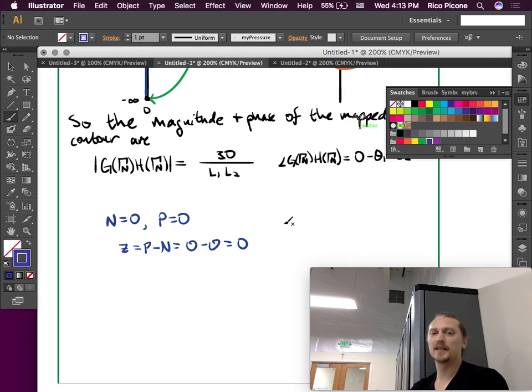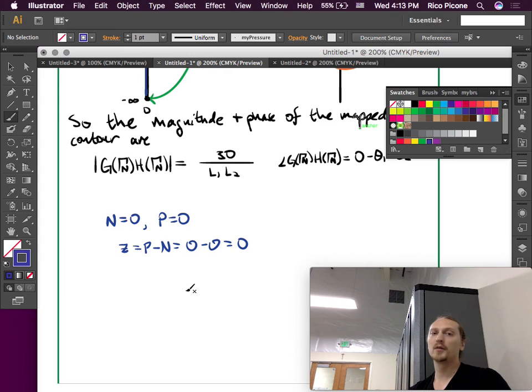If you did get a number like 2, then say you had no encirclements, N was 0, but maybe you had 2 poles in the right half plane of your open loop system, so P was 2. Then 2 minus 0, you're going to have 2 poles in the right half plane in your closed loop system.